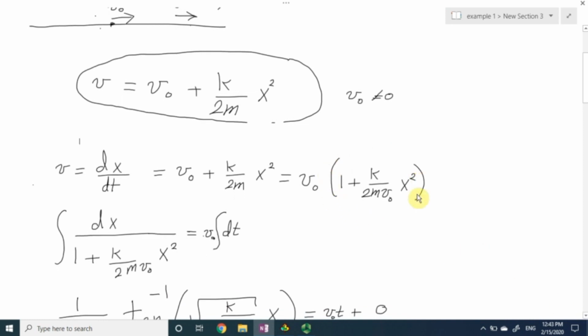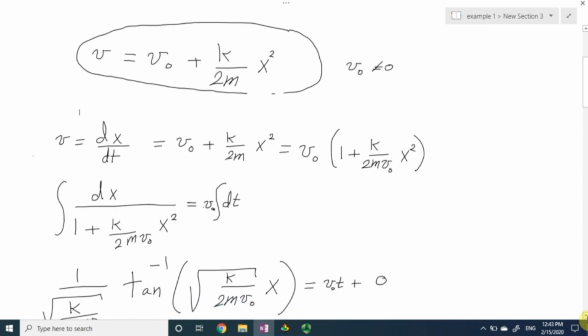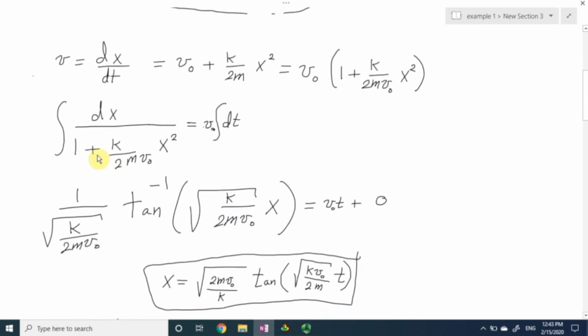So now I'm going to move this bracket to the other side, so dx divided by this factor should equal v0, which is still here, and I move dt to that side. Now I will integrate both sides. The integration of the left side is known.